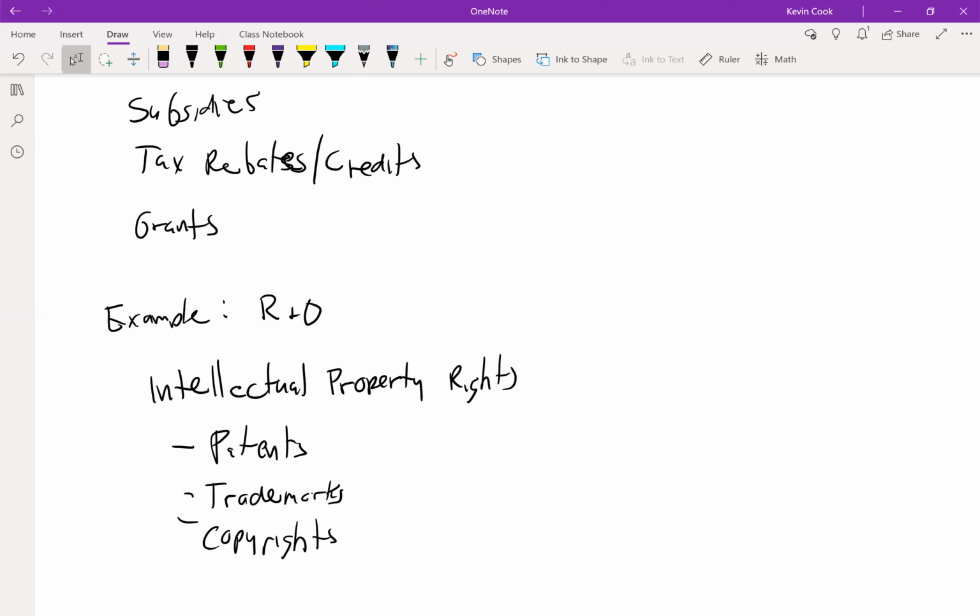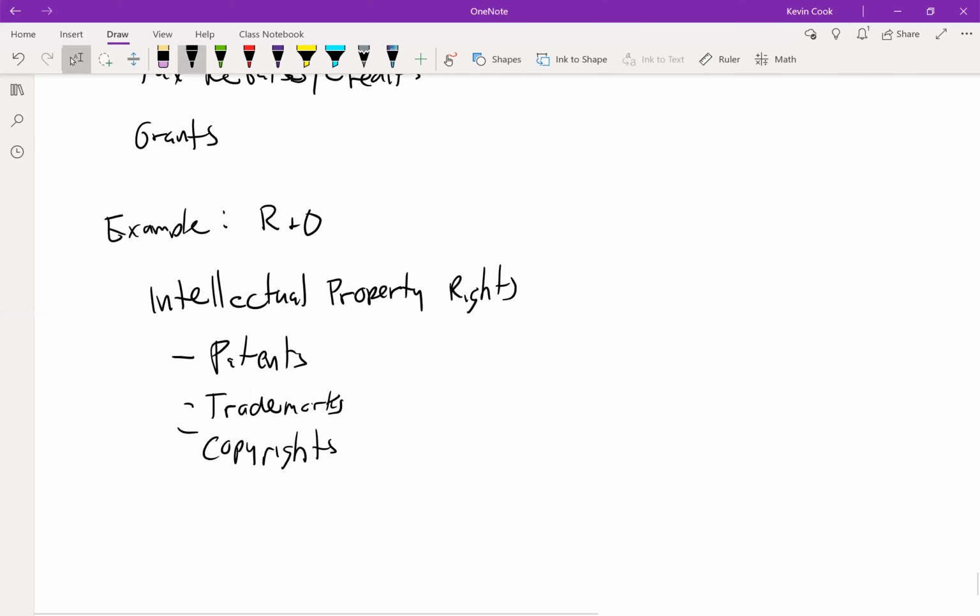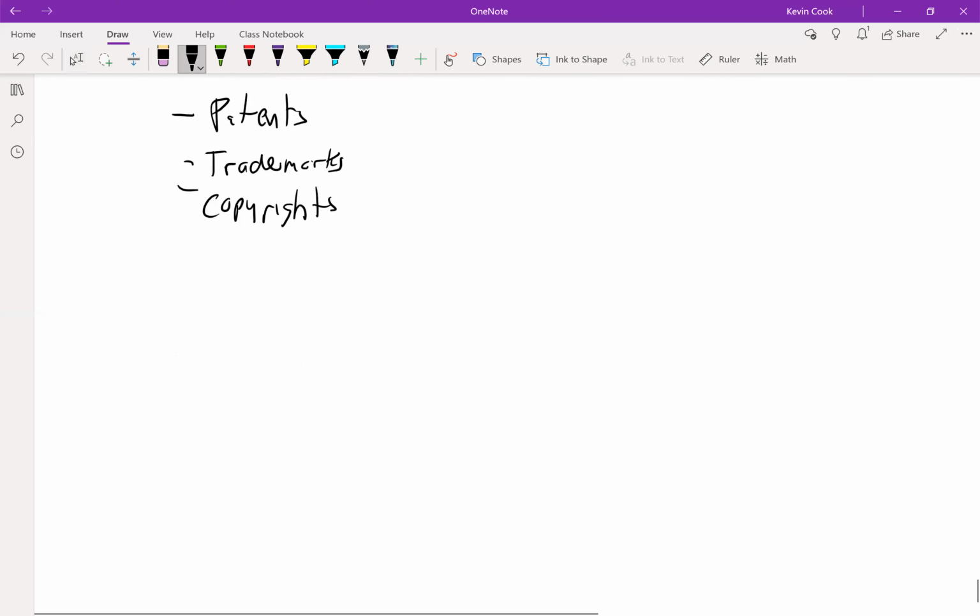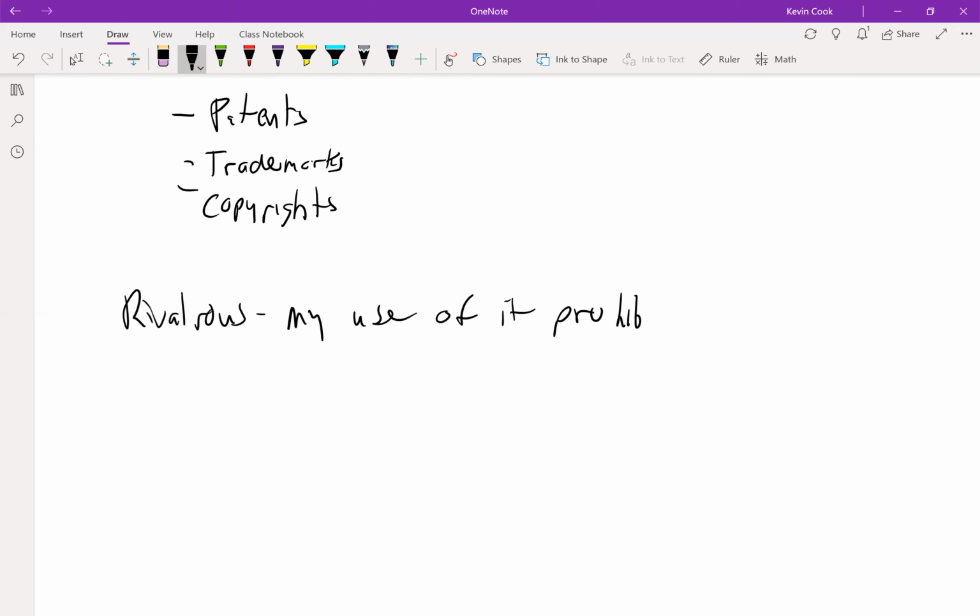So we talked about, and this was actually for us before chapter 12, I'm seeing it right now in my notes, rivalrous and excludable. A good is rivalrous if my use of it either prohibits or inhibits, meaning it either prohibits, meaning someone else can't consume it, or inhibits, meaning makes it harder for others to use the good.